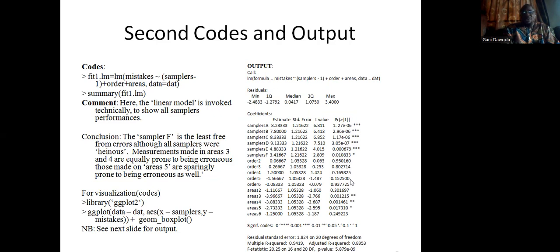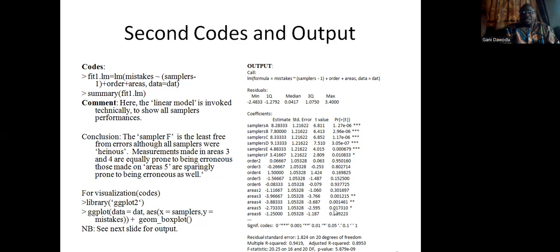Now, nothing wrong with the others, like the ANOVA said, but the areas, well, area 1, sorry, yes, areas here. Areas 3 and 4 are equally, samples taken from areas 3 and 4 are prone to errors, but they are not as severe as these cases with the samplers.